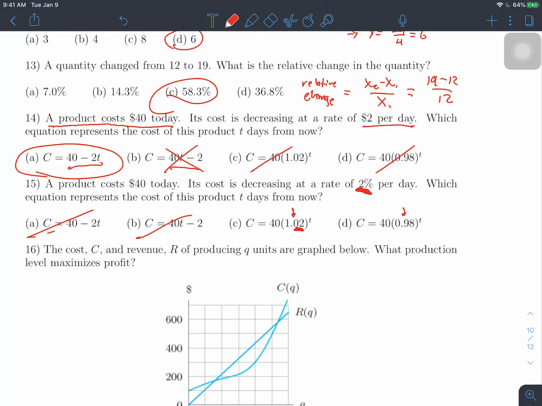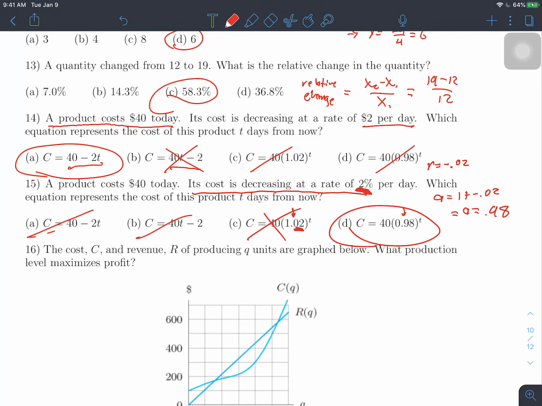This is tricky because the cost is decreasing at a rate of 2% per day, which means that r is equal to negative 0.02, which means that a should be equal to 1 plus r, which is negative 0.02, which means that a should be equal to 0.98. So we should choose D and not C.